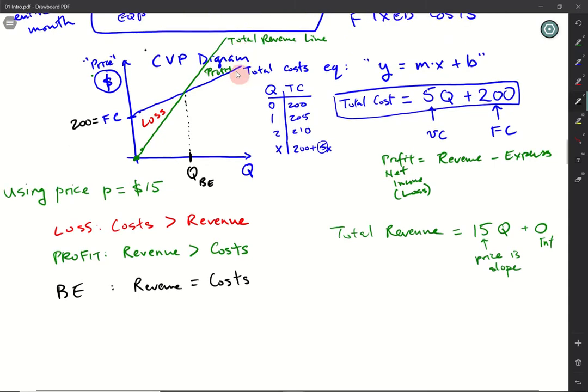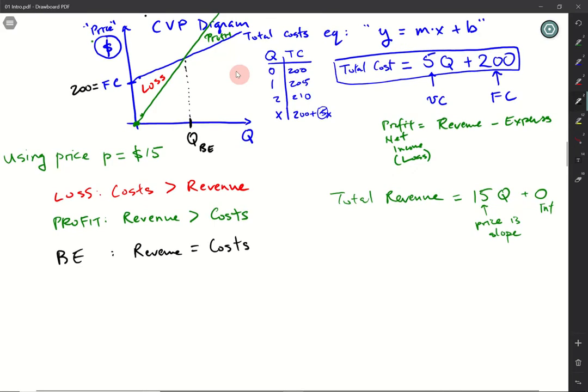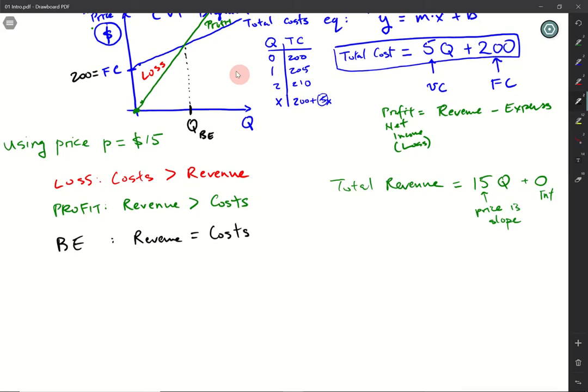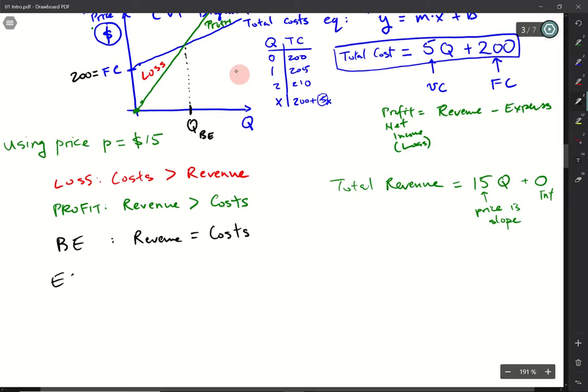What we can do is write down basically an equation for net income. So that is equal to revenue minus total cost.